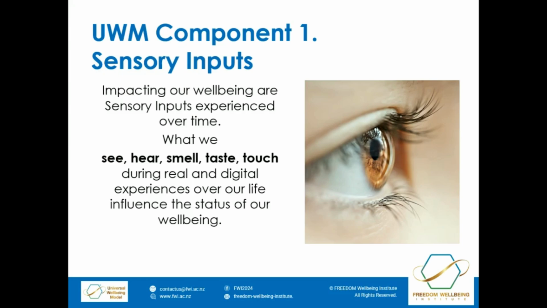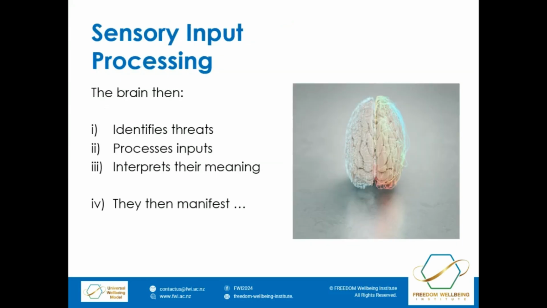The first thing that our brain does when it receives sensory inputs is scan to see if any of those inputs are telling us that there is some sort of impending danger. If the brain identifies some kind of threat or danger, we will immediately behave in a way to reduce that threat.